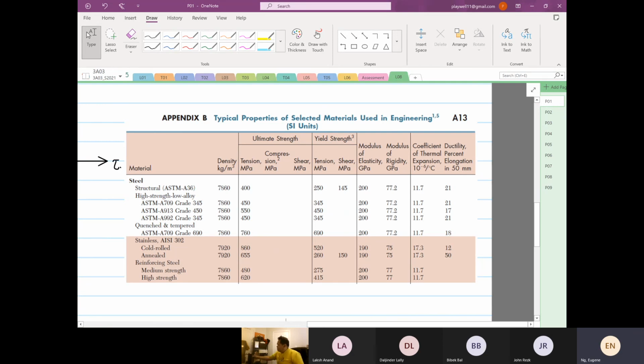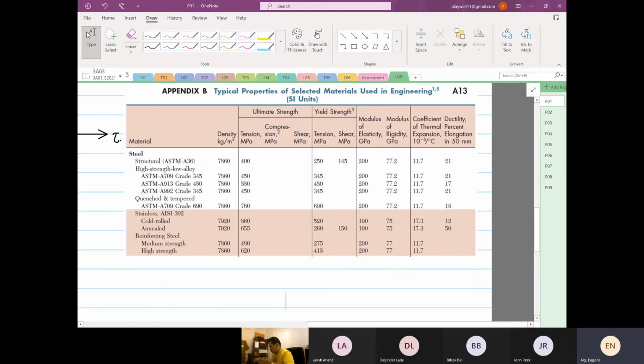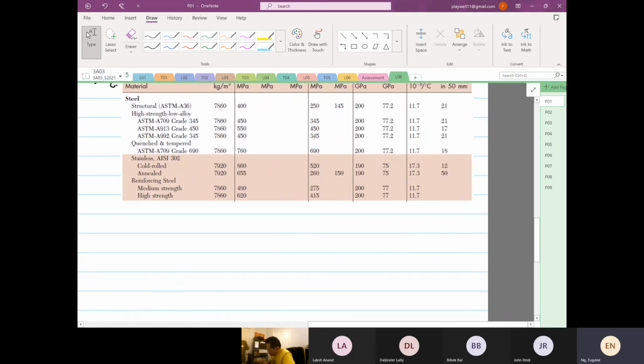Anyone? Which data will you use? I have no answer over there. So it depends on how our material is tested. If you look at the ultimate strength, everyone knows what our ultimate strength is.